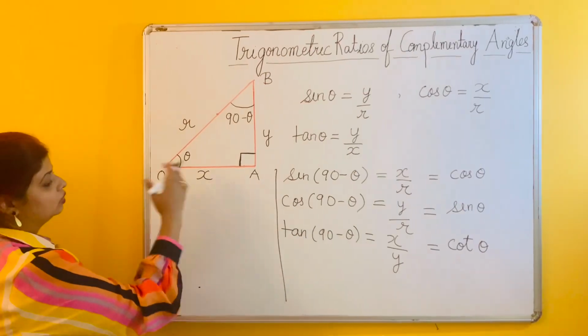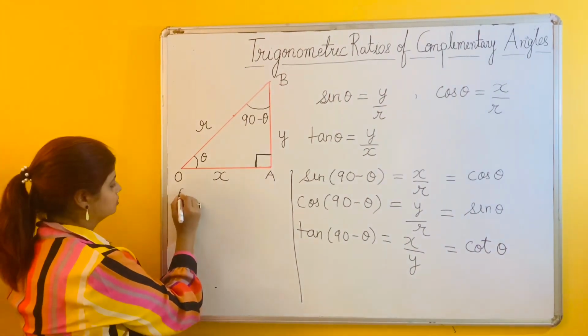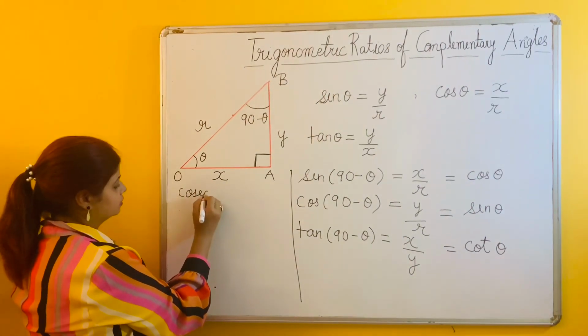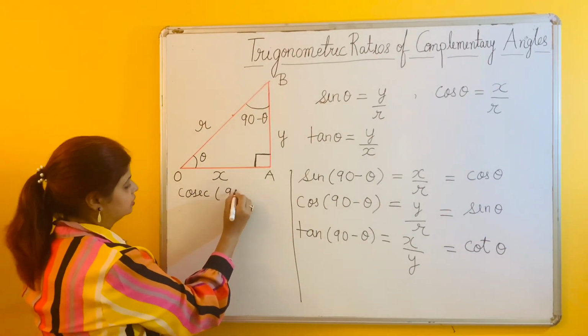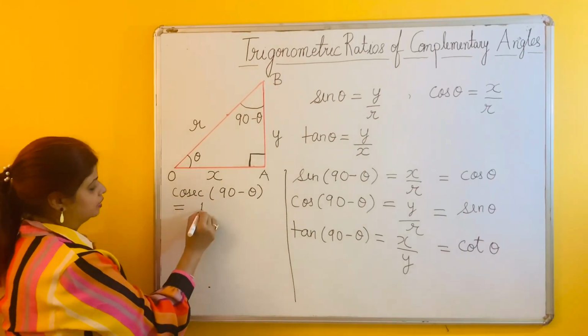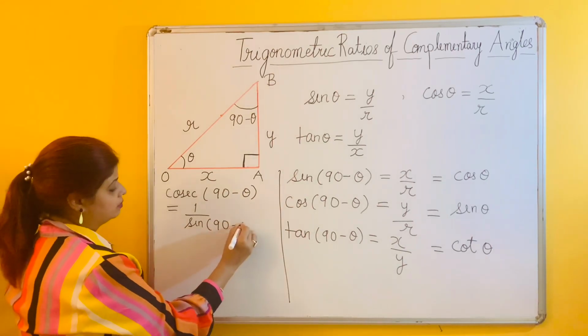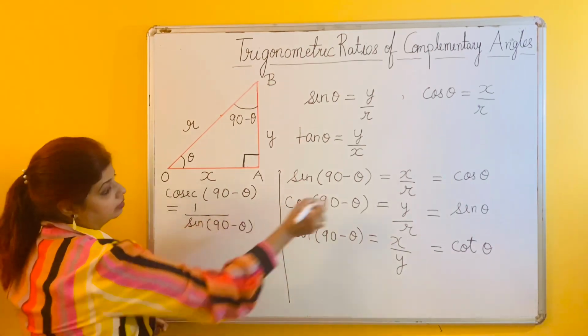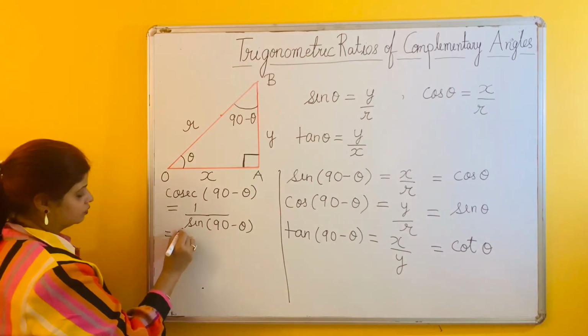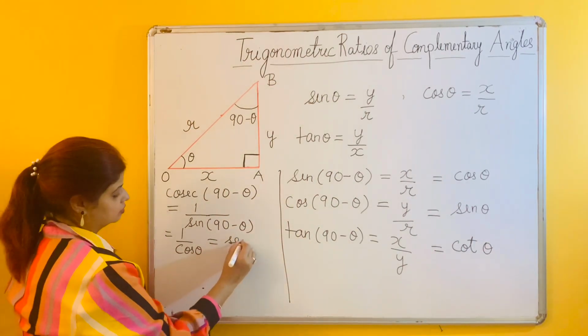Now what about the other ratios? What is cosec 90 minus theta? Cosec 90 minus theta is nothing but 1 by sin 90 minus theta. Now sin 90 minus theta is cos theta, so it is 1 by cos theta, which is equal to sec theta.